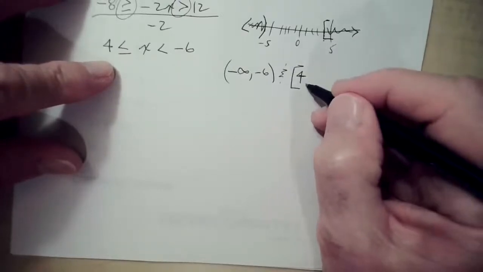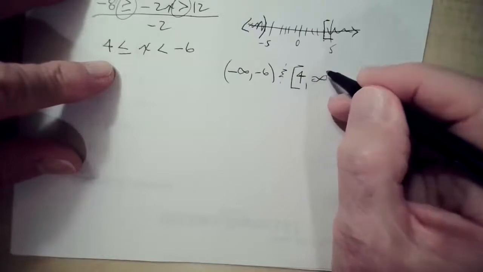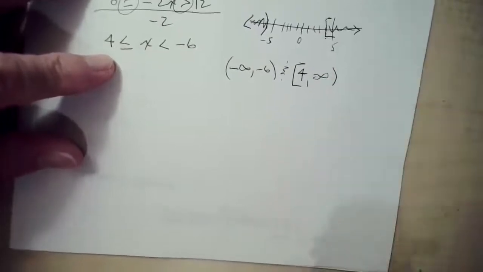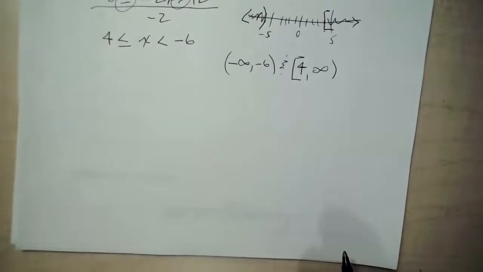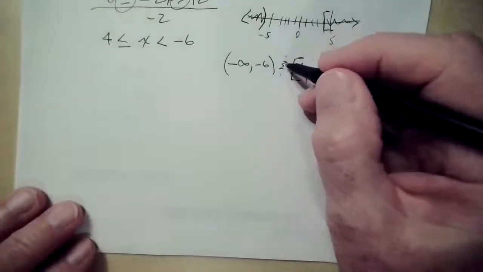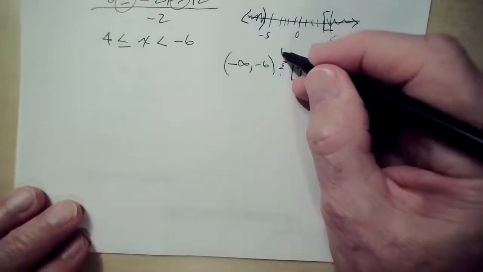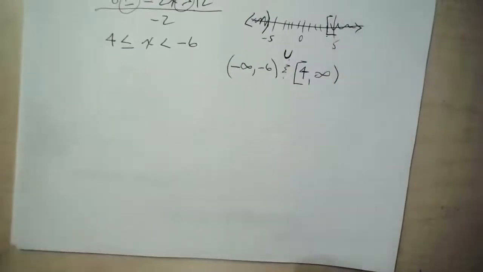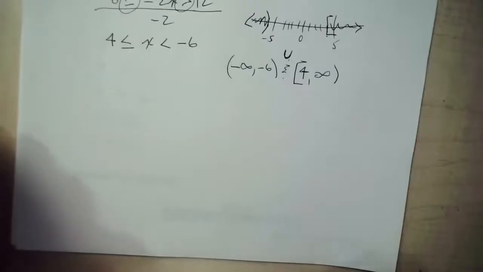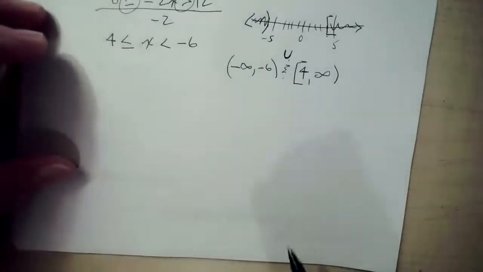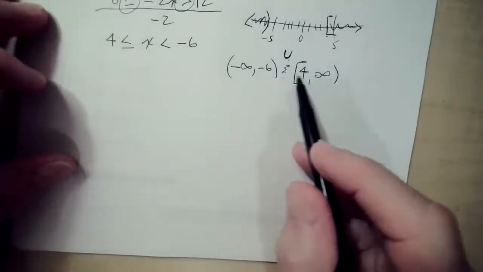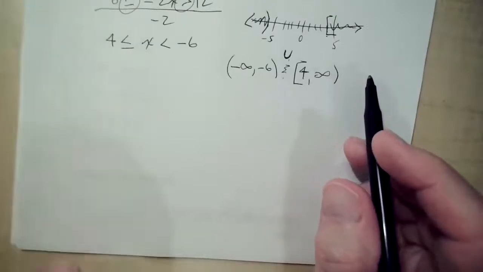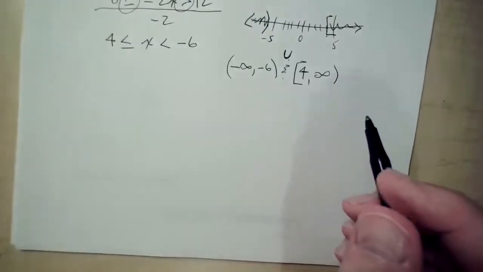Oh, 4, greater than or equal to, all the way up to infinity. This is called the union, kind of like a horseshoe or the letter U, because it includes all these numbers.